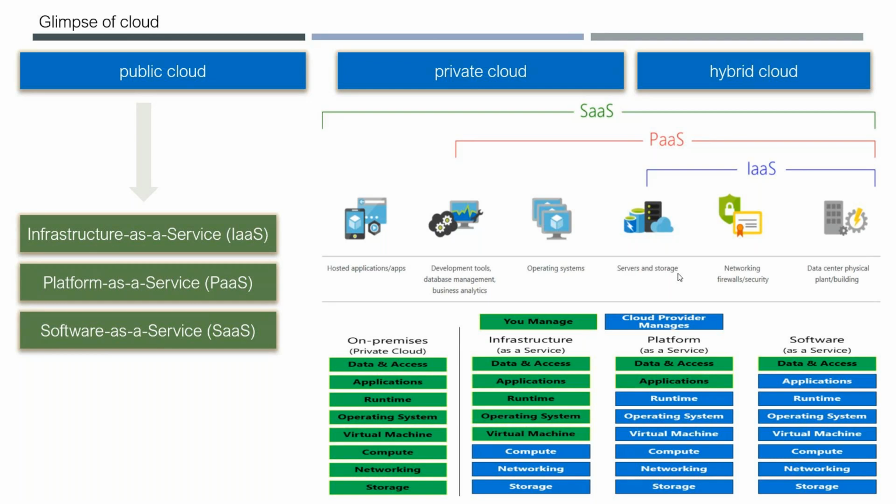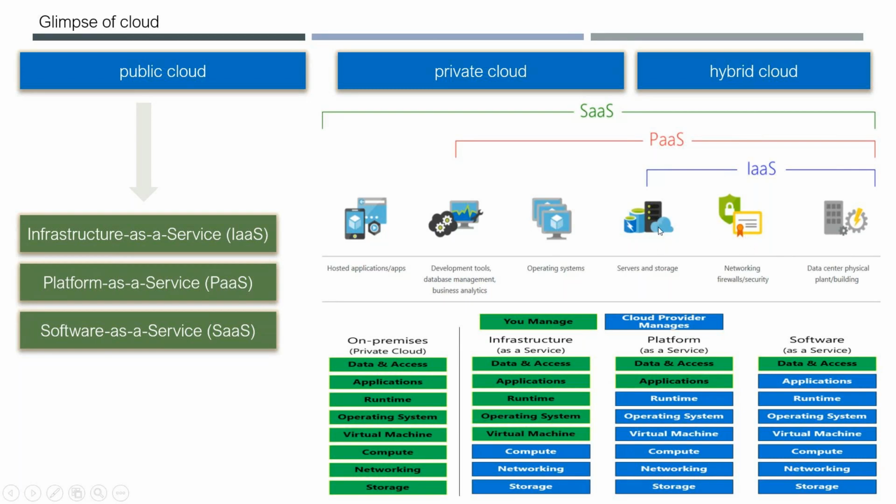Now let's understand what is platform as a service, software as a service, and infrastructure as a service. Give attention to this deck here. Now you see the lines here. Under the infrastructure as a service block, I kept your physical buildings, data center or physical plant, then networking, firewalls or security, and then servers and storage.